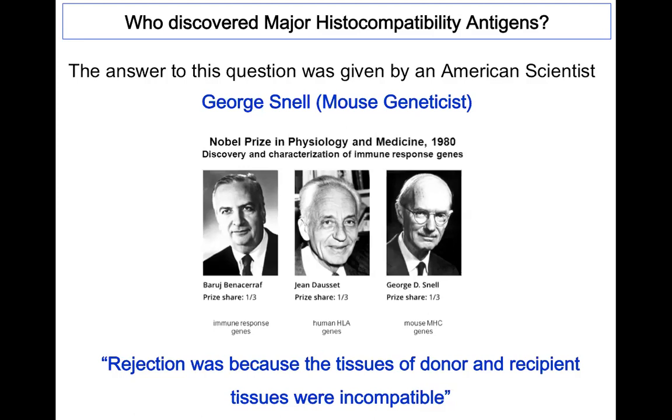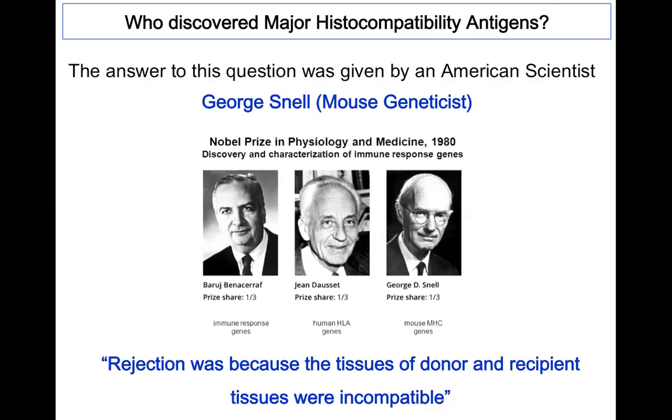For this discovery, the Nobel Prize in Physiology and Medicine was awarded in 1980, for the discovery and characterization of immune response genes, including the HLA genes and mouse MHC genes. This explained the reason for the rejection of tissues from different individuals.